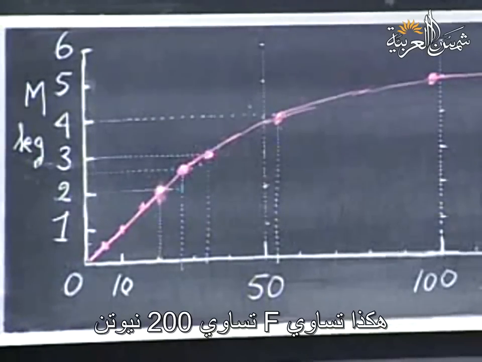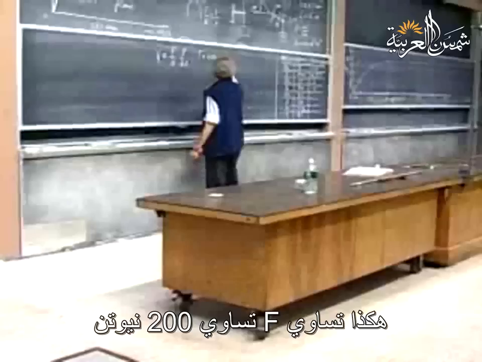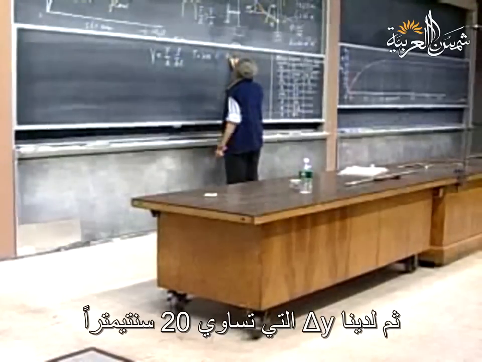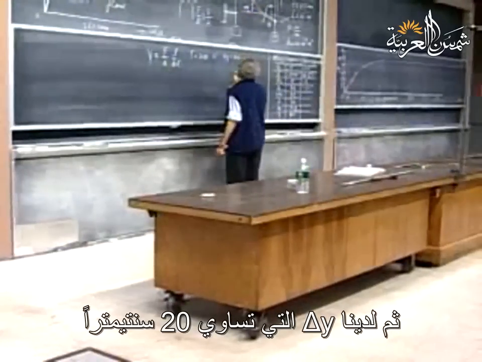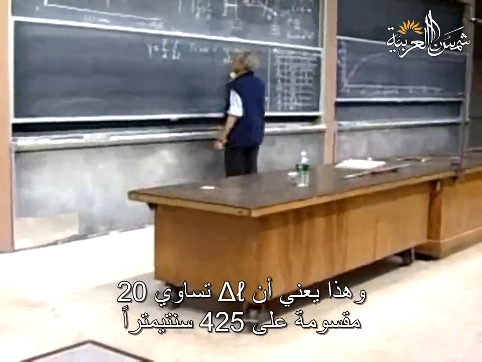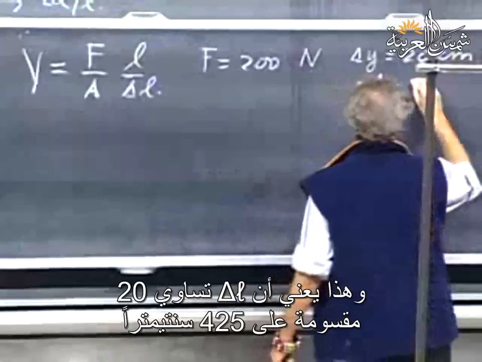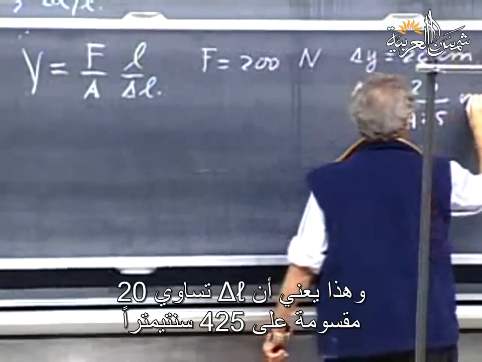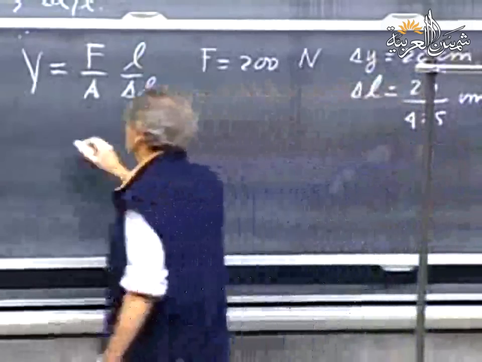So F equals 200 newtons. And then we have delta Y equals 20 centimeters. And so that means delta L equals 20 divided by 425 centimeters.